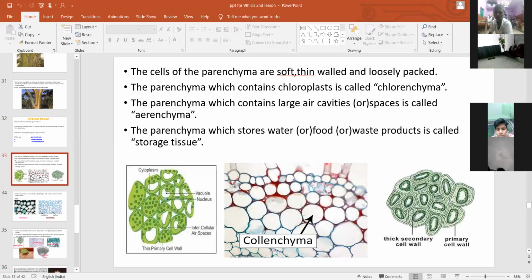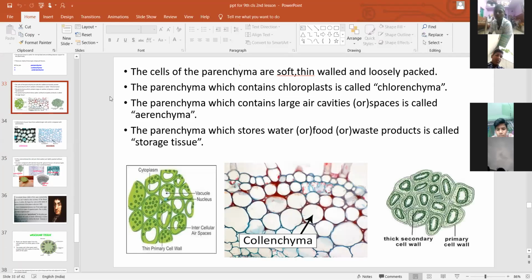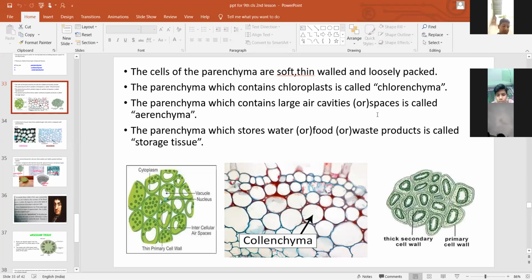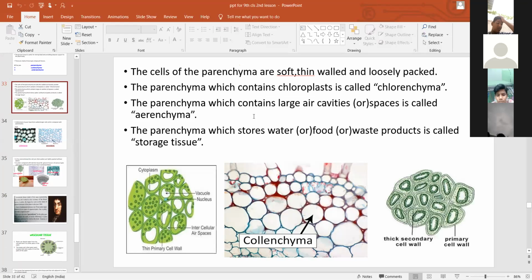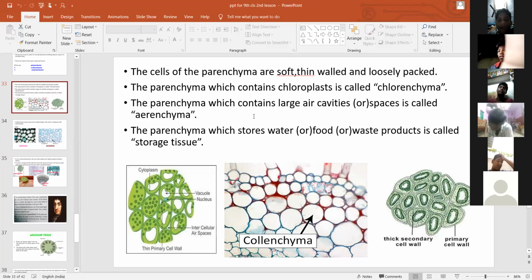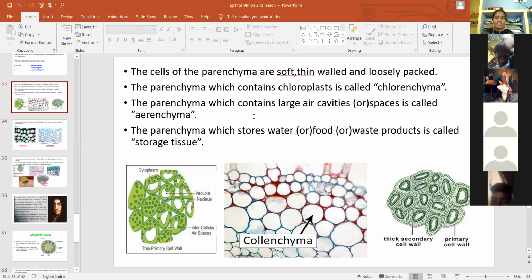Next, the cells of the parenchyma are very soft and thin walled, and the cells are very loosely packed. Next, the parenchyma contains chloroplast. What is the function of chloroplast?